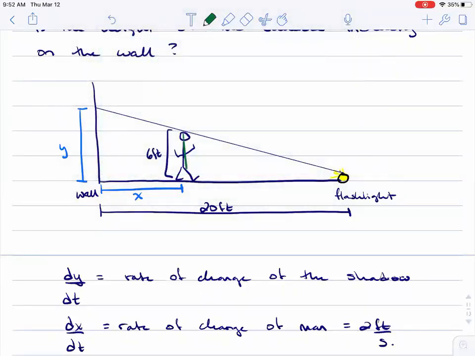What I've got is this triangle here, and then the larger triangle.